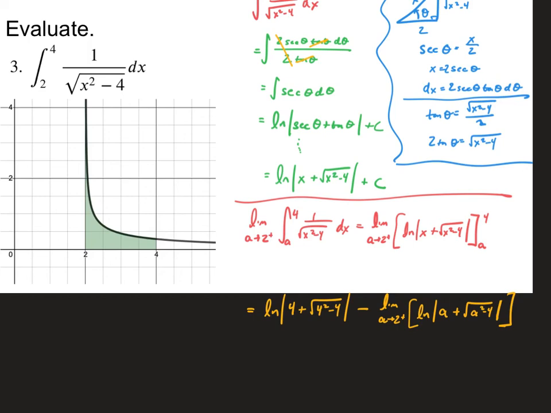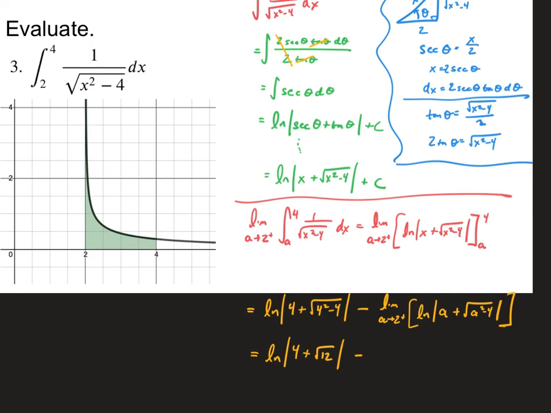When I did the math over here, 4 squared minus 4, this is the natural log of the absolute value of 4 plus the square root of 12. Minus, let's see, what happens when I plug 2 into this problem?